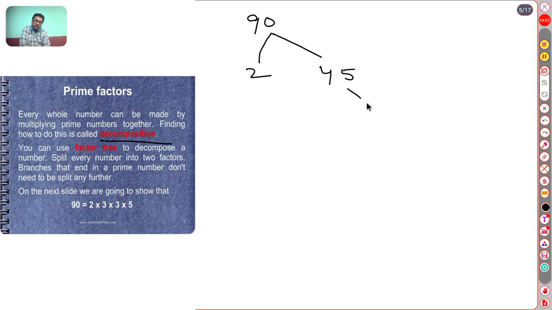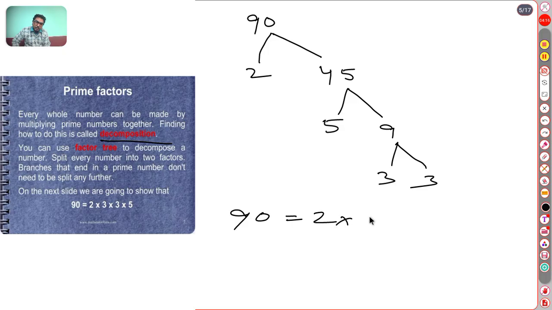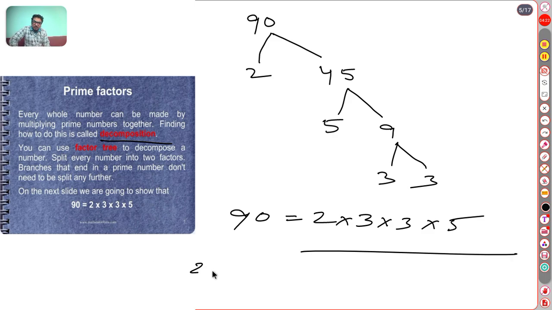If we break 45 then we get 5 and 9, and if we break 9 we get 3 and 3. So we can write 90 equals 2 multiplied by 3 multiplied by 3 multiplied by 5. So all the prime factors of 90 are 2, 3 and 5.